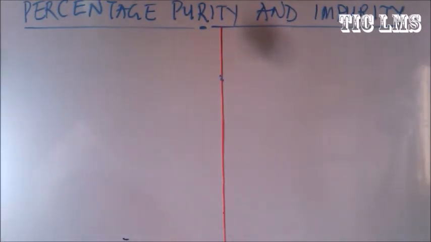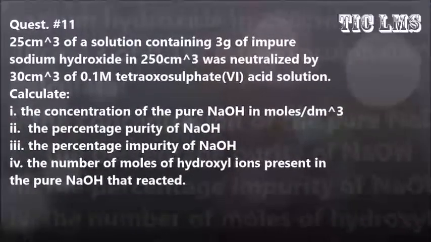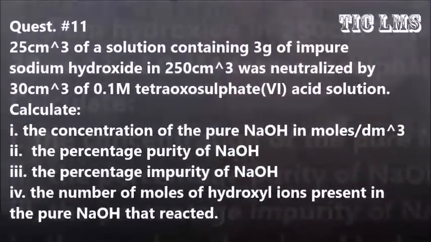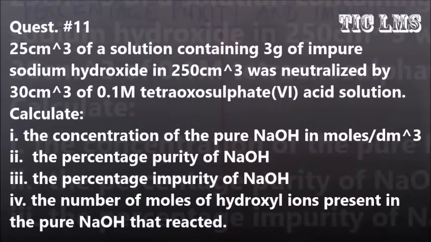Alright, so here comes the first question. We are told that 25 cm cubed of a solution containing 3 grams of impure sodium hydroxide in 250 cm cubed was neutralized by 30 cm cubed of 0.1 molar tetraoxosulfate 6 acid solution.